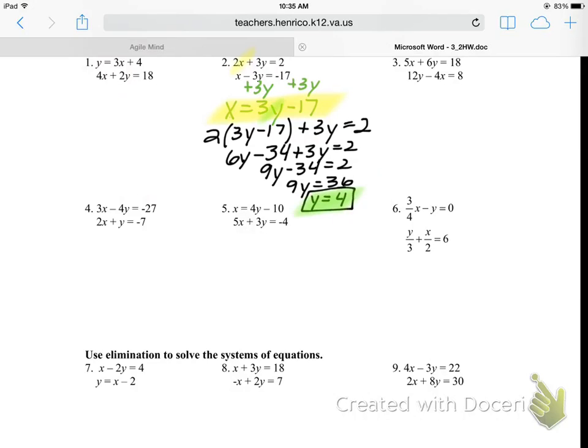Now I'm going to plug it in here because that makes it easiest to solve for x, because we already know that x is the same thing as 3 times 4 minus 17. Right? So if I do that and I take that and I plug it in here, that leaves me that x is the same thing as 3 times 4 minus 17, which is what? Negative 5.